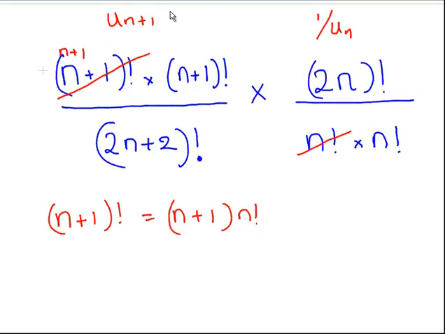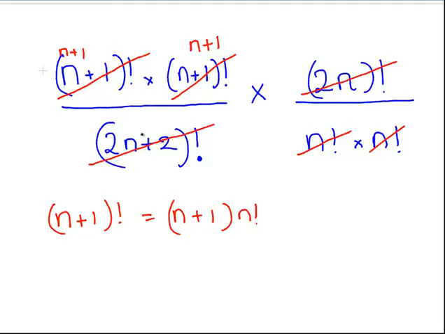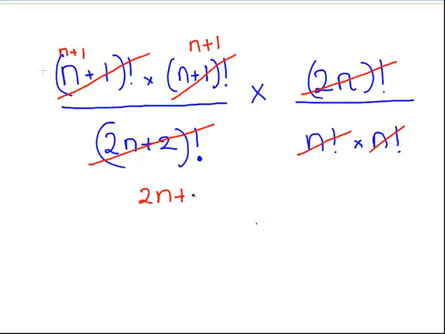This cancels out with this, leaving also n plus 1. This cancels out with this, leaving 2n plus 2 times 2n plus 1.